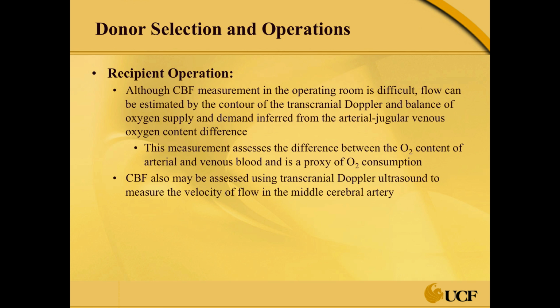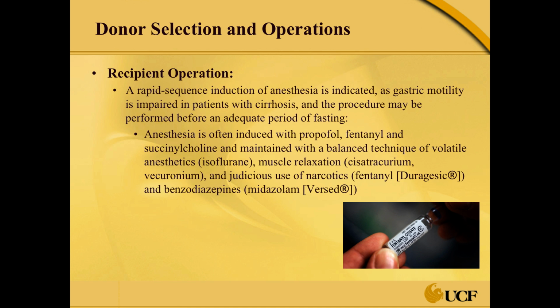We'll actually do a transcranial Doppler to measure velocity flow through that middle cerebral artery, which is non-existent when the patient is dead. All right, so again, cerebral blood flow is going to be very, very important during this procedure because we don't want the patient to stroke out because we've removed a very vital component to the cardiovascular system.